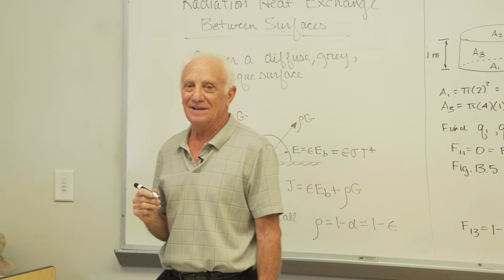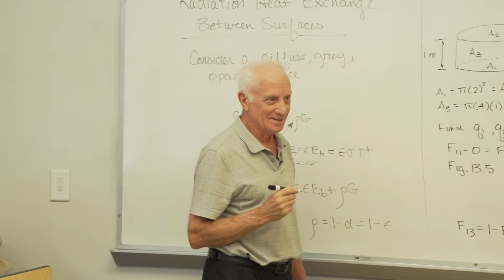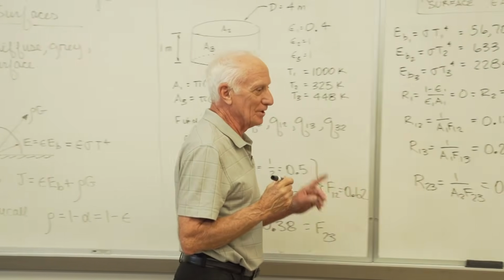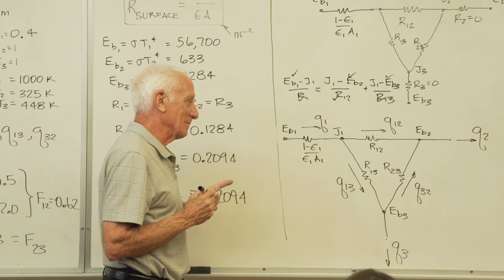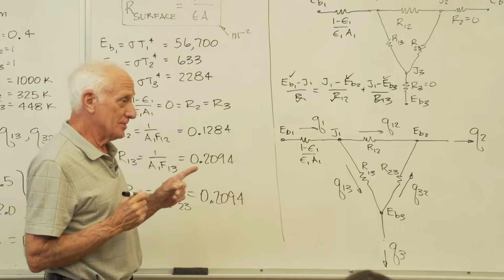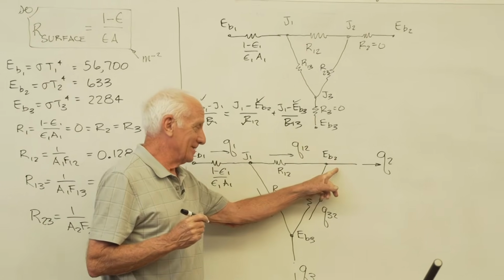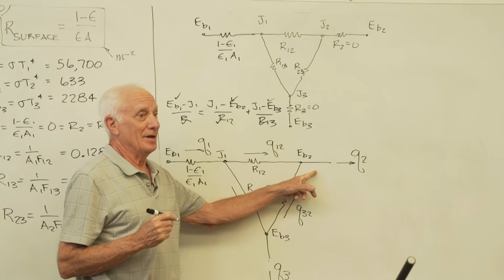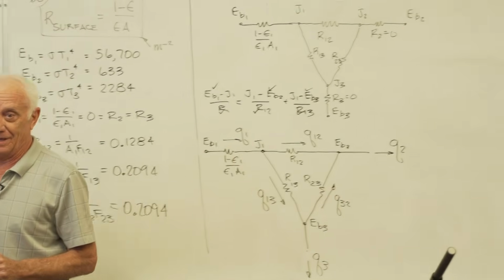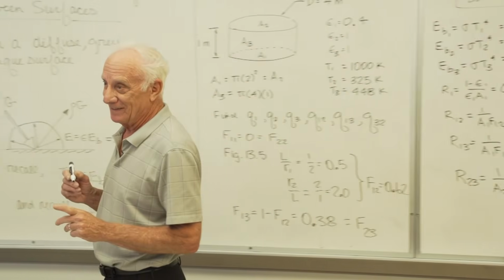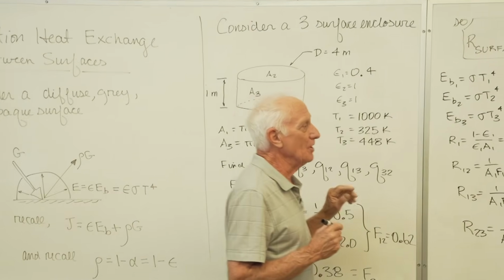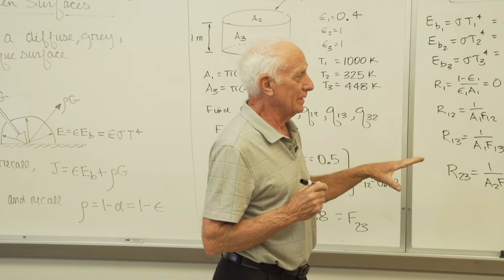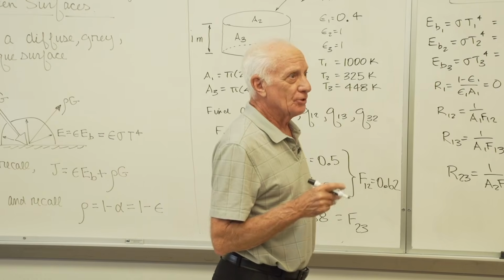Once you get J1, now it's easy to get all the 6 Q's, but you can't get the 6 Q's unless you first find J1. Makes life more difficult. You can imagine, what if 2's not black? Now you've got 2 J's that are unknown, and so on and so forth. Life becomes more difficult as more of these surfaces become non-black. But we'll do a full-blown problem next time on that. So it's a good stopping point.